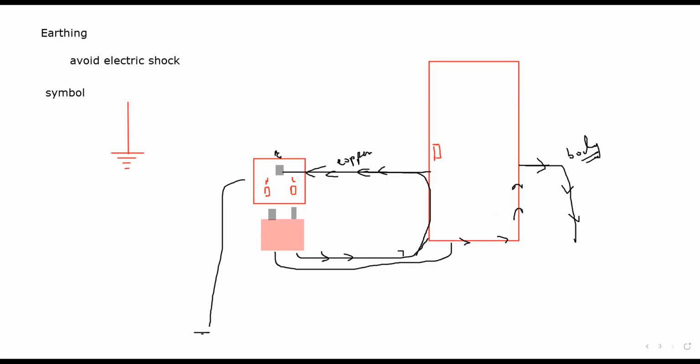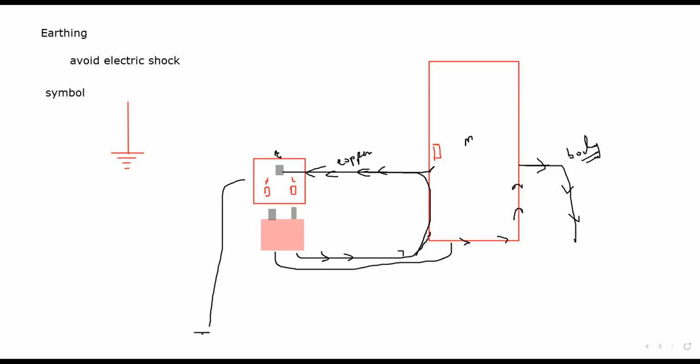This I already discussed with you. It is also part of the circuit components, which is why I discussed it again. This is a refrigerator which has a metal body. What happens if the live wire is in contact with the metal body? As a person touches it, he will get an electric shock. To avoid this, there is another wire connected to the earth, and we call this the earthing wire.